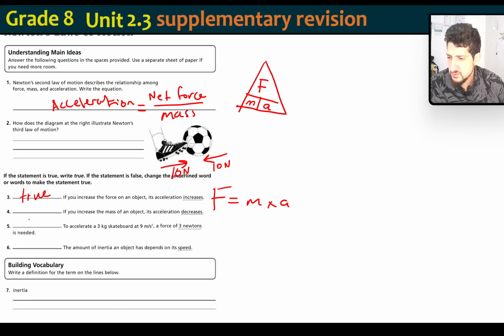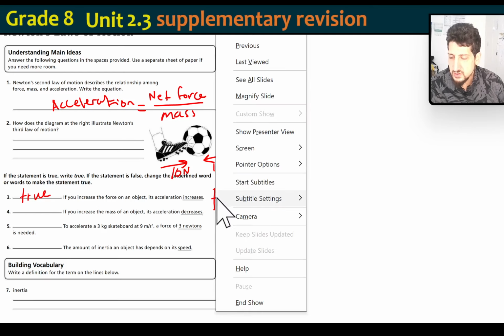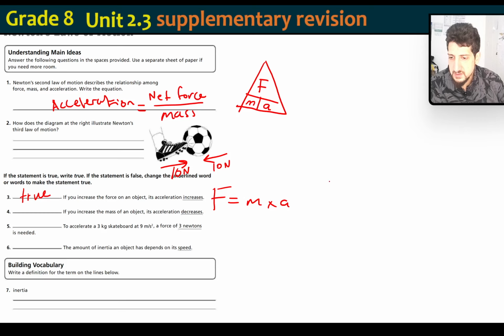Next one. If you increase the mass of an object, the acceleration decreases. Well, it's not worded properly, because do we keep the force the same? So assuming we keep the force the same, let's see. Let's say the force equals 4 newtons. The mass equals 2 kilograms. Then the acceleration is going to be 2 meters per second squared.